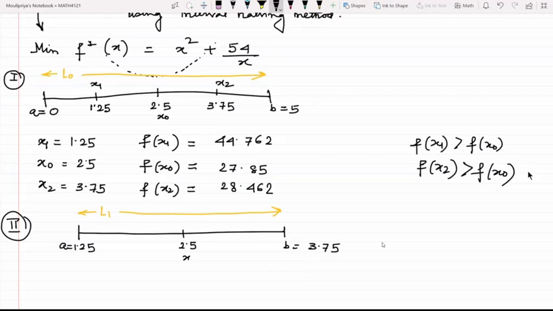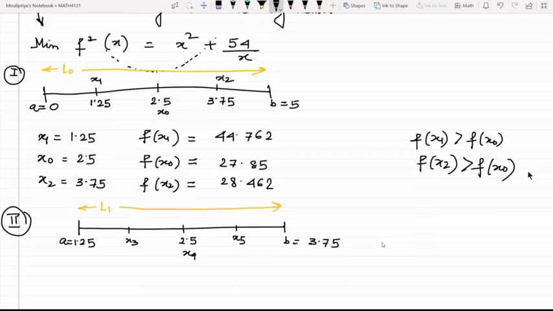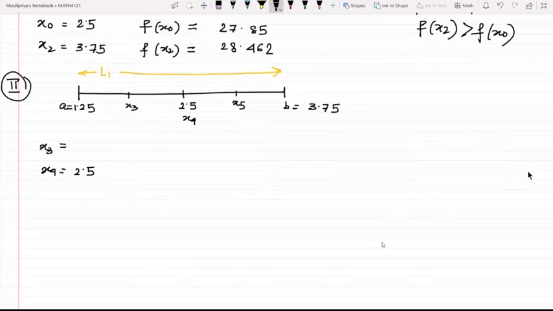We are calling it x4. Let us calculate x3, x4 is 2.5, x5. The values are 1.875 and this is 3.